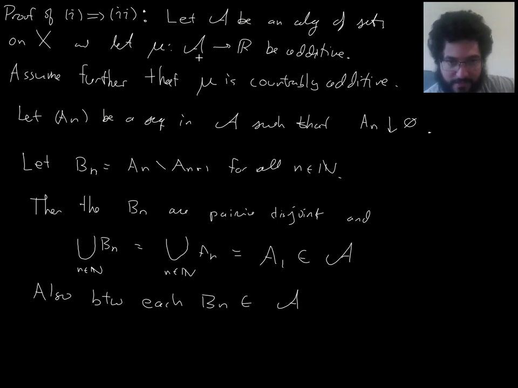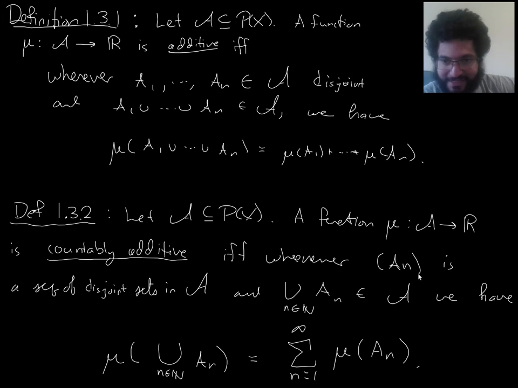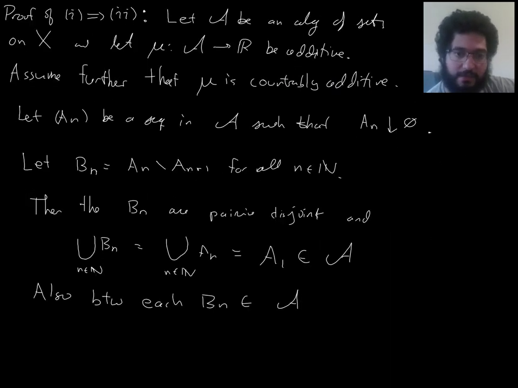So if you look at the definition of countable additivity, you need to be focusing on a sequence of things in fancy A. So why are the bn's in fancy A? Well, they're this complement of two things. The two things getting involved are in fancy A, and fancy A is an algebra of sets. So that's because it's an algebra of sets.